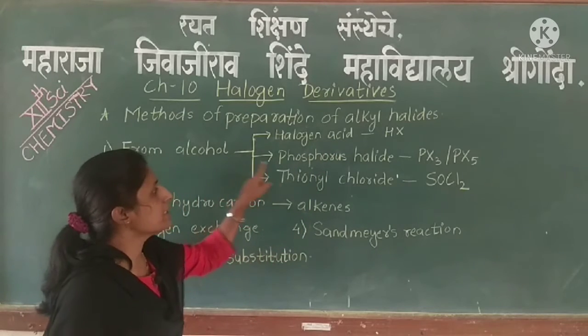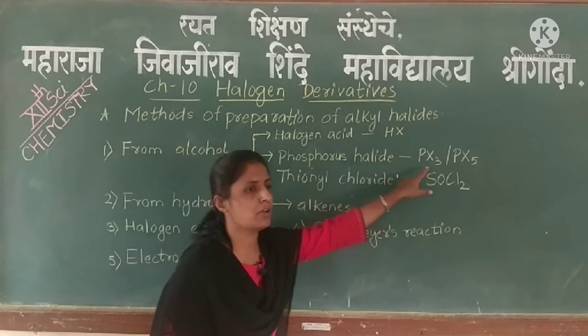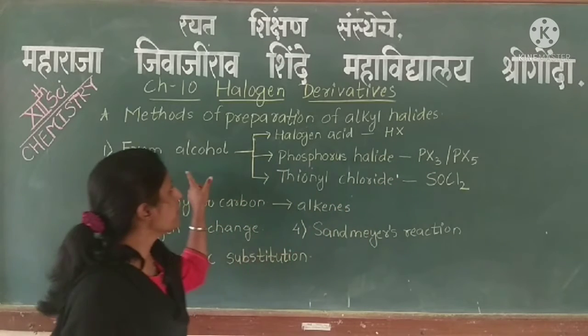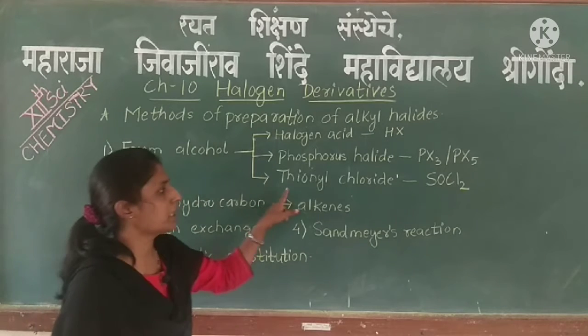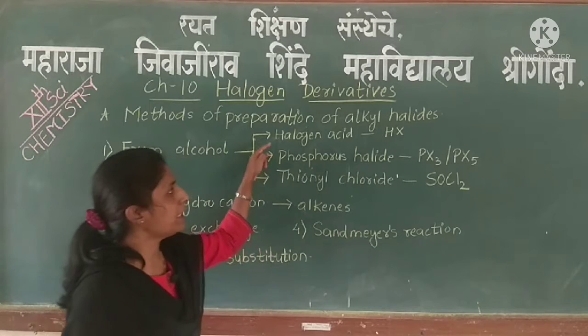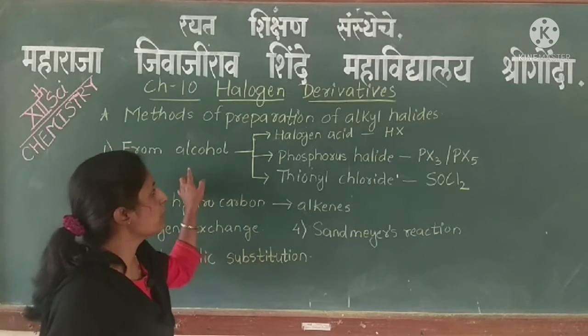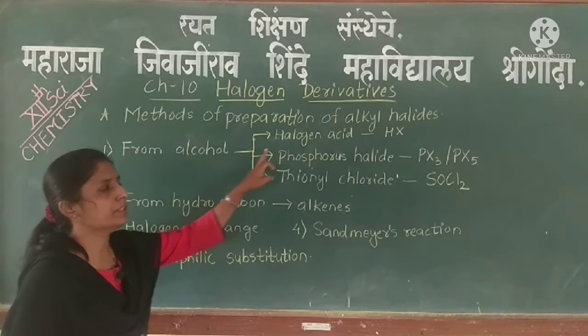The second is reacting alcohol with phosphorus halide, that is PX3 or PX5. And the third reaction is by reacting alcohol with thionyl chloride, that is SOCl2.